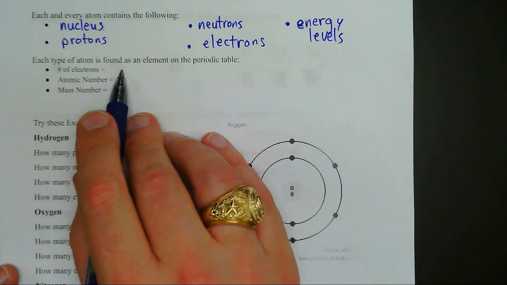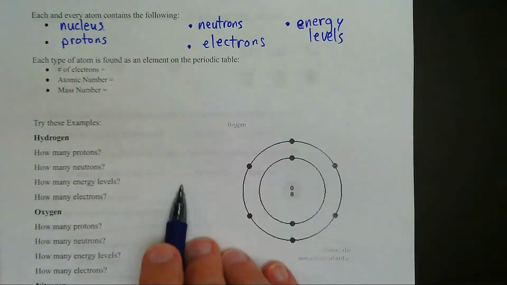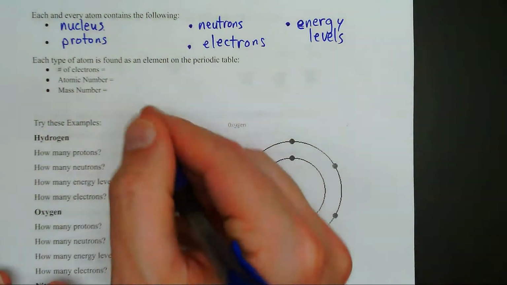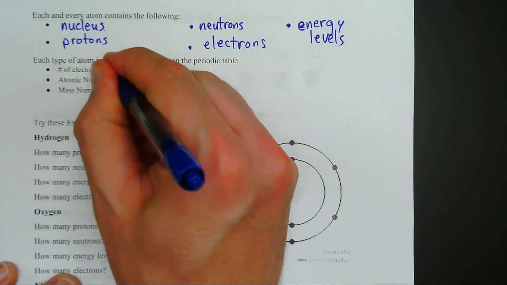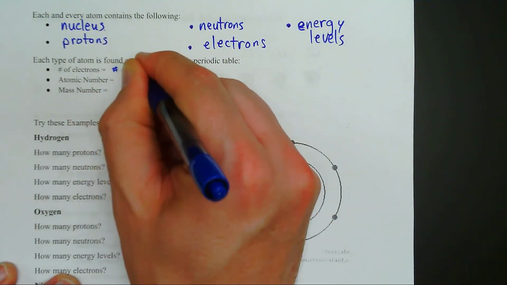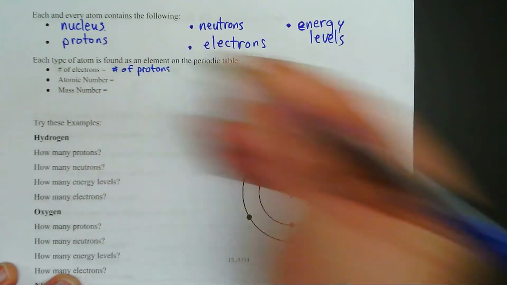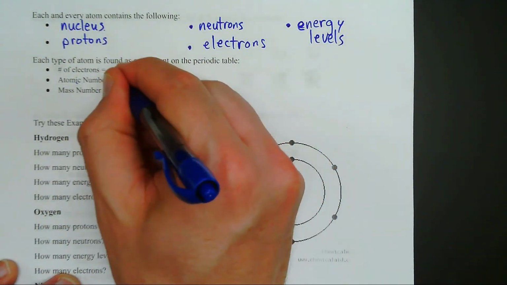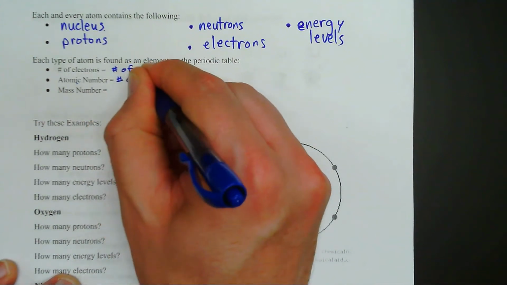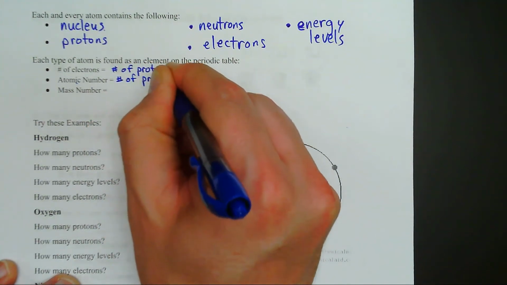All right, so a few more things to take note of or to review before we get into the actual homework questions would be that the number of electrons is equal to the number of protons. Also take note that the atomic number represents the number of protons.